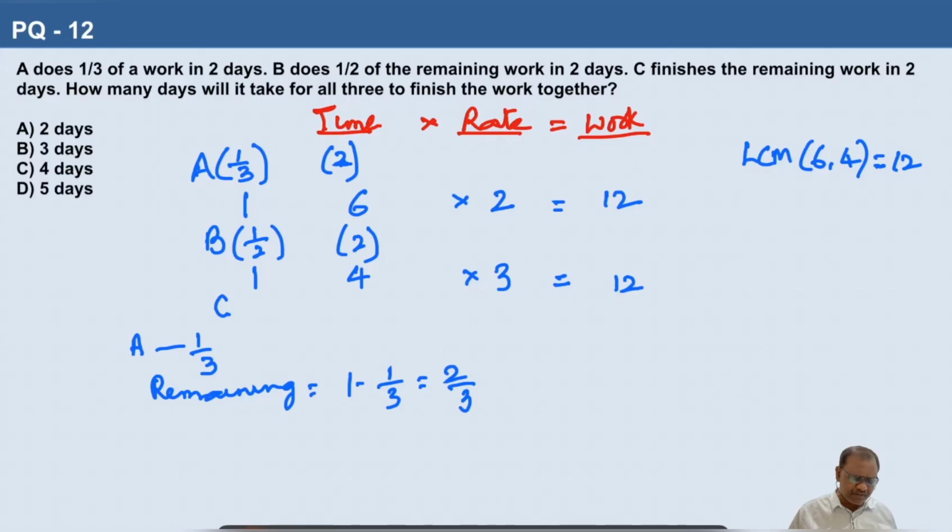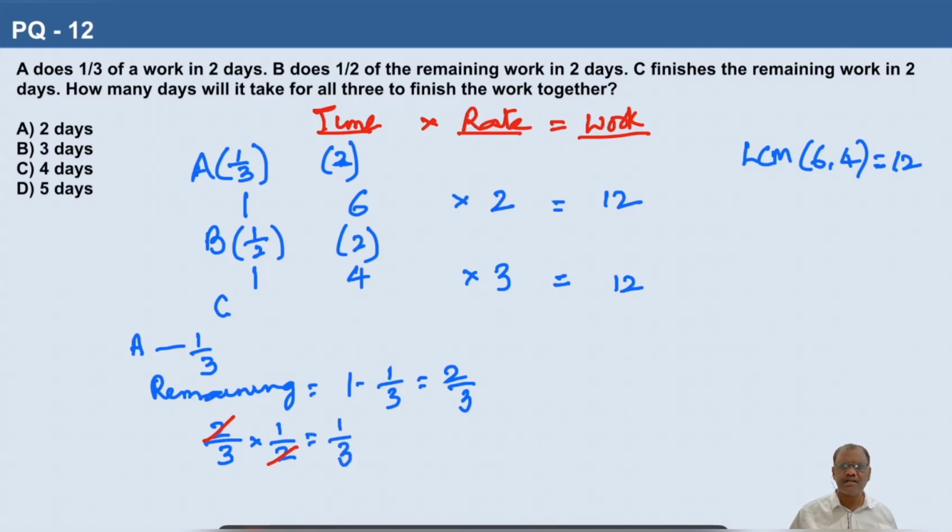B does half of the remaining work in 2 days. So B is doing half of this 2 by 3. What is half of 2 by 3? The 2 cancels, that is 1 by 3.